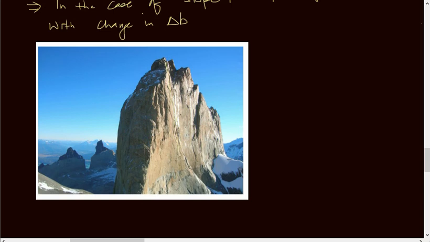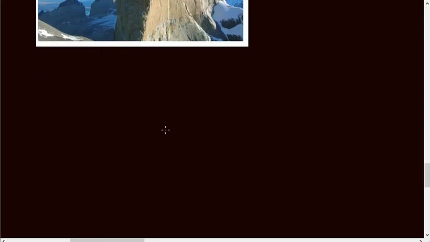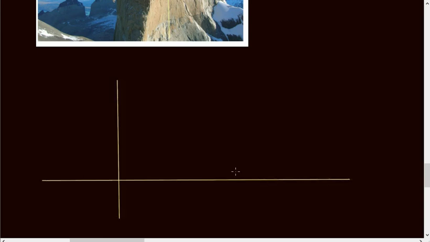So this is a nearly vertical climb. So let me draw it here. I put the axis here, and this is the peak of this hill.